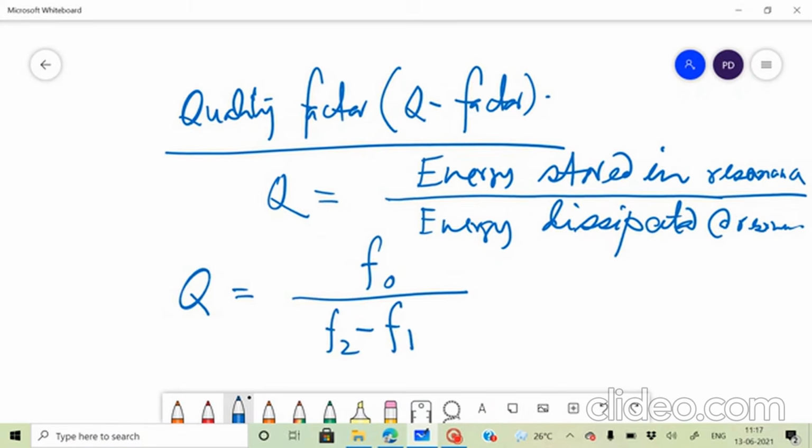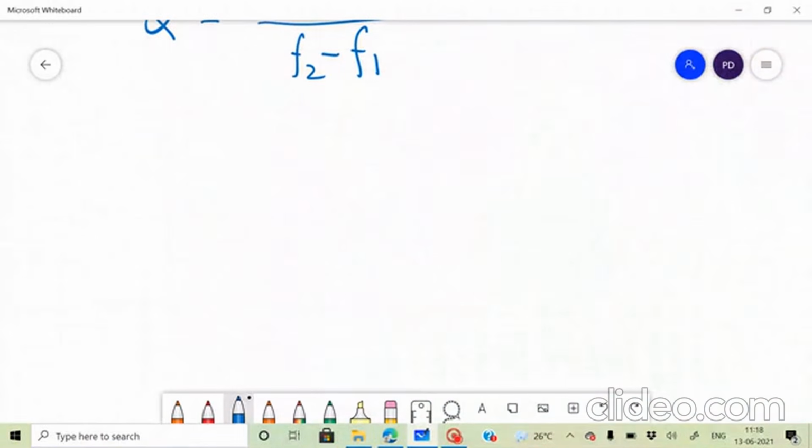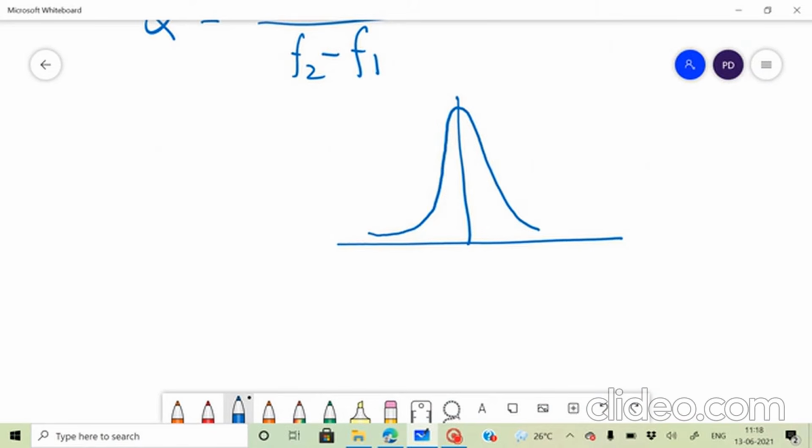Now what is F2 and F1? Let me explain those two quantities. In the resonance curve, the frequency was very, very low. It increases, reaches a maximum, and then falls.